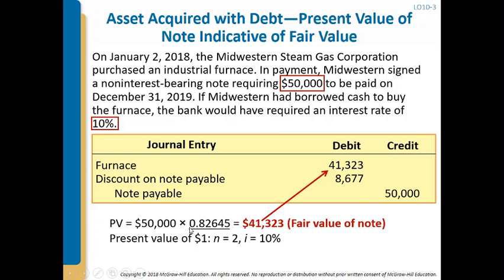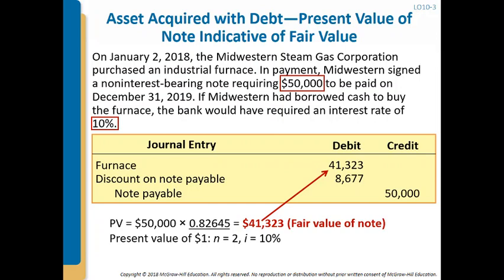Here it's 10%. This is a 2-year note, and so you go to your present value tables, and N equals 2 and I equals 10%, so the present value factor is 0.82645.